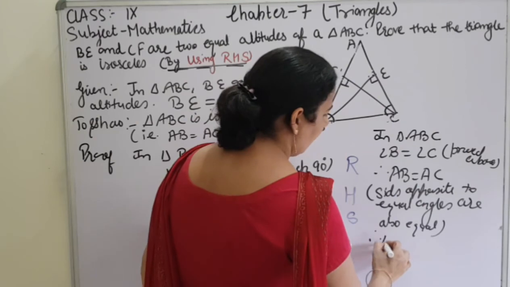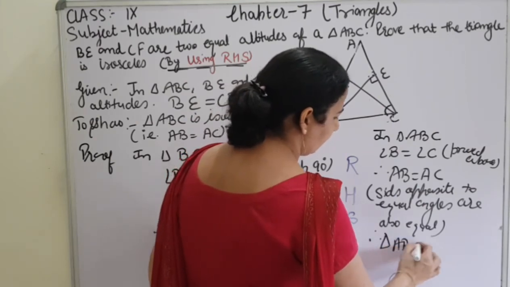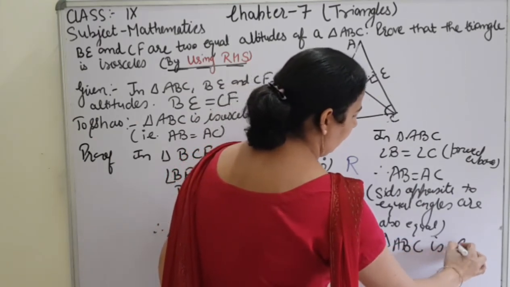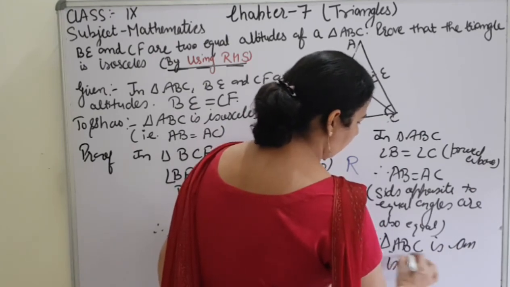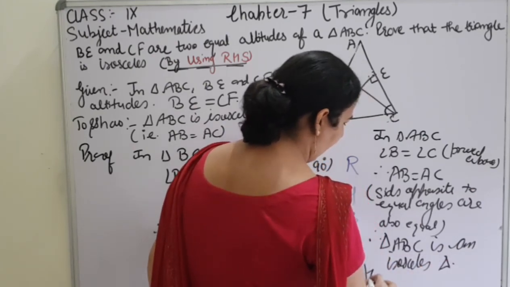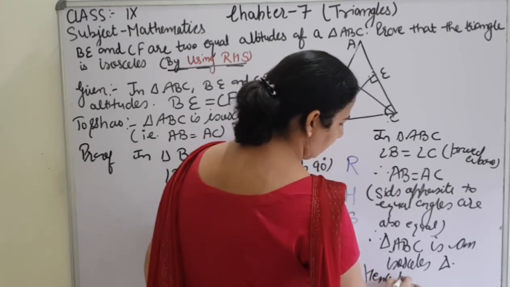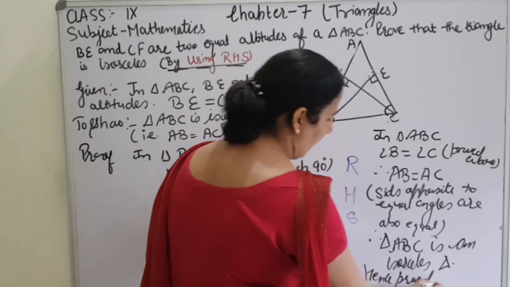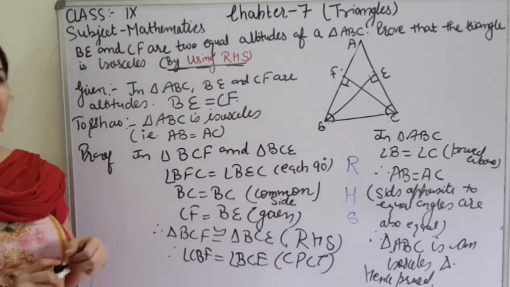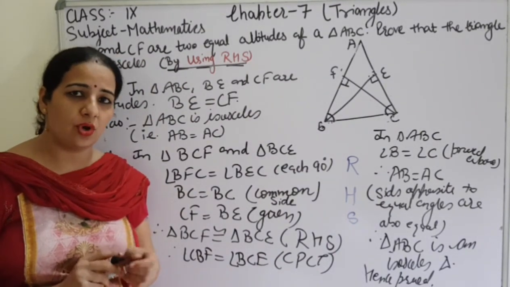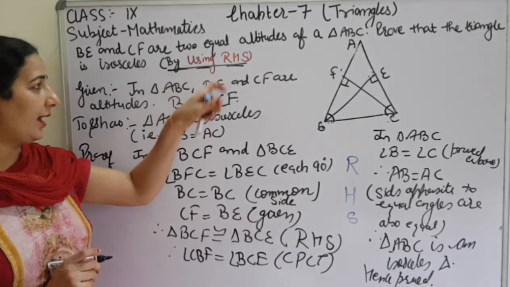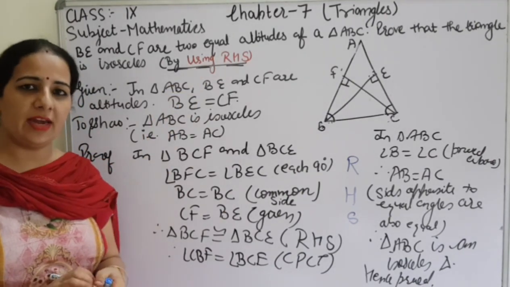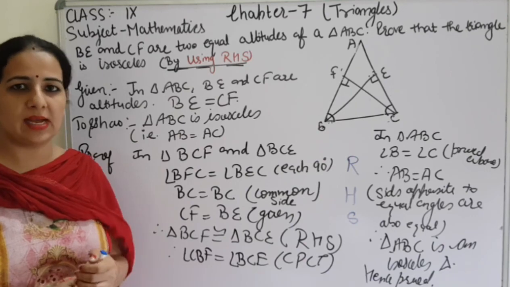Therefore, triangle ABC is an isosceles triangle. Hence proved. So we have proved this question by using the angle side criteria also, and by using the RHS criteria also. By the RHS criteria, the question is very important from the exam point of view.